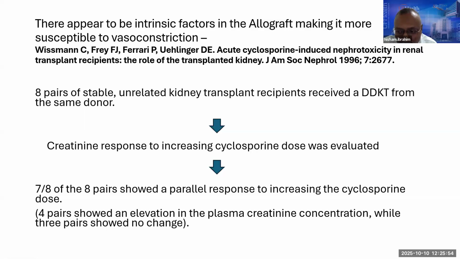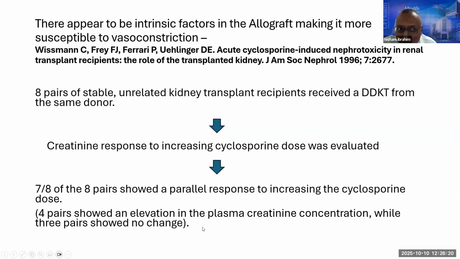So four of the pairs, where the kidneys are from the same donor, showed creatinine elevation that rose in a similar percentage, whereas 3 pairs showed no change. So 7 of the 8 showed parallel responses: 4 of the kidney pairs were sensitive to cyclosporin increases, and 3 of them were not.